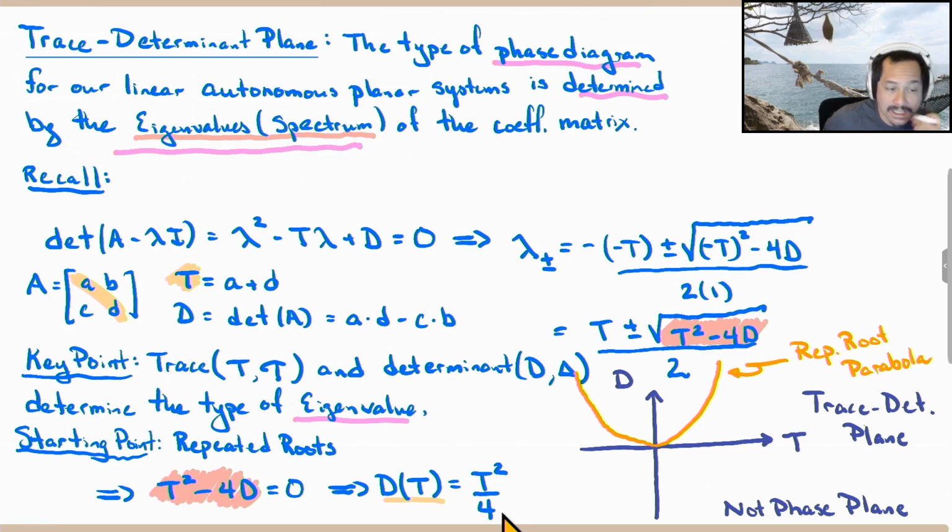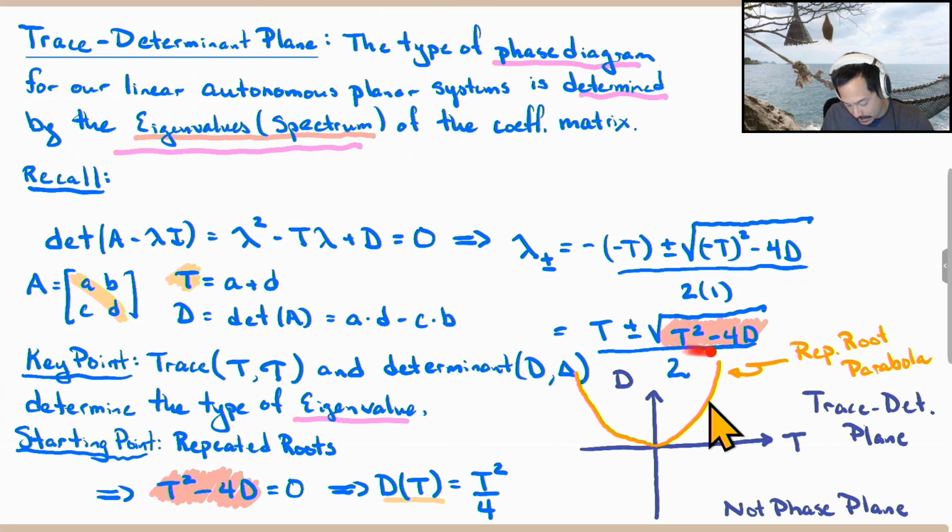And so what is this parabola trying to say? Well, if your trace and determinant is such that you land directly on this parabola, what do you know? You now know that you're talking about a repeated root. What does it mean to have a repeated root?